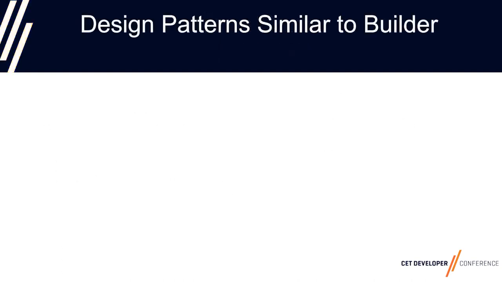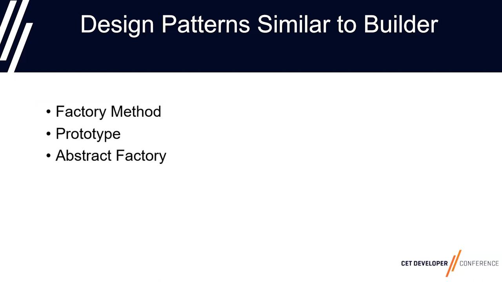So kind of ending out this presentation here, we've talked about only three patterns, but there are a lot that are also similar to the builder pattern here, where we have the factory method pattern, which is fairly simple in that you're creating a single method with a set of parameters that returns an object that it builds. A constructor is actually an example of a factory method pattern.